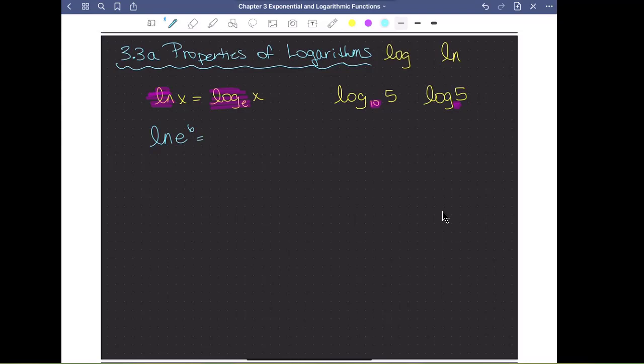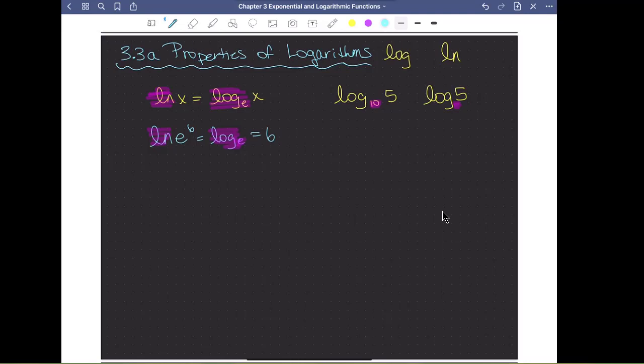So if I want to write this as a logarithm, I know that my natural log is the same thing as log with a base of what? Exactly, a base e, right? And that's always going to equal our exponent, and our exponent is 6.